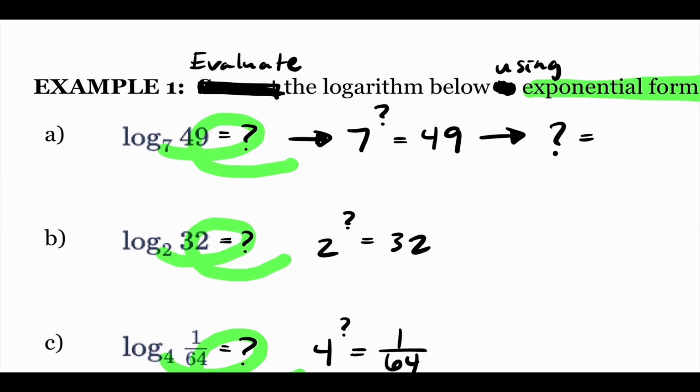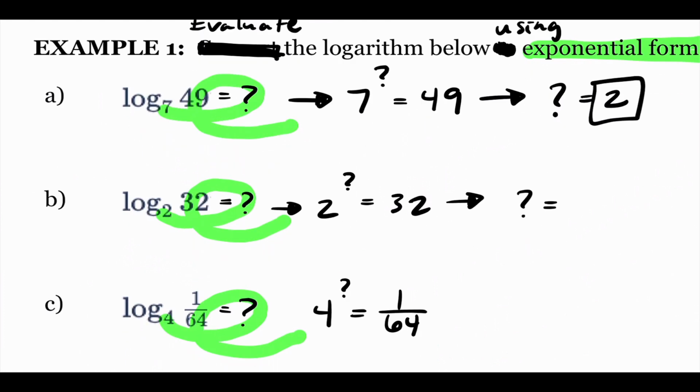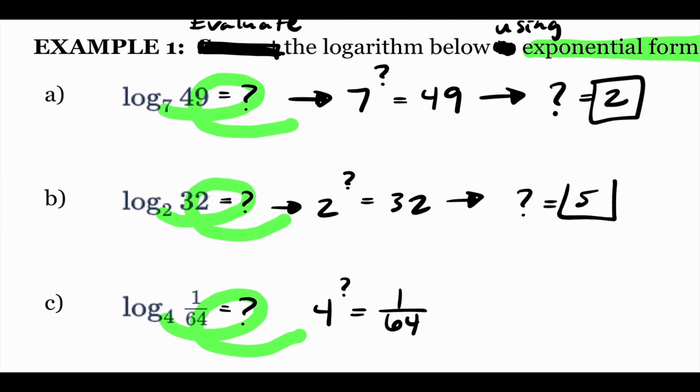What power am I going to take 7 to make 49? Squared. The answer is 2. Okay. 2 to what power makes 32? 2 times 2 times 2 times 2. How many times am I going to do that until I get 32? 5.